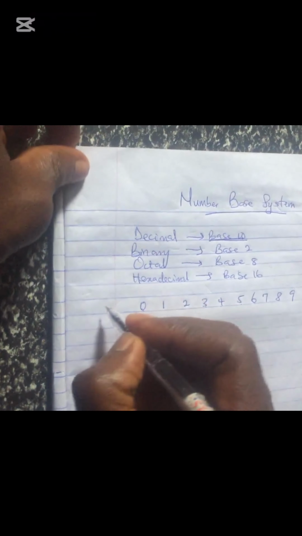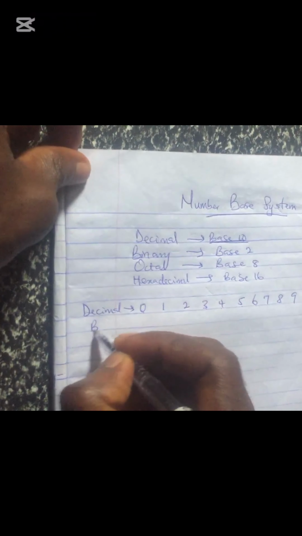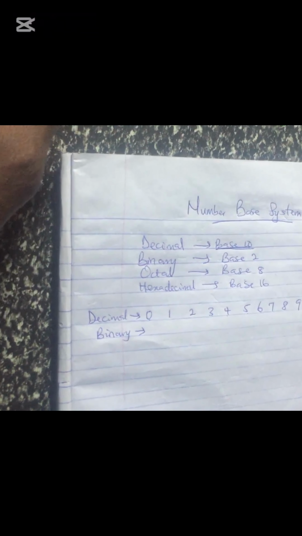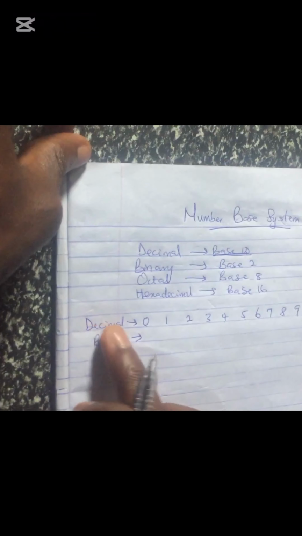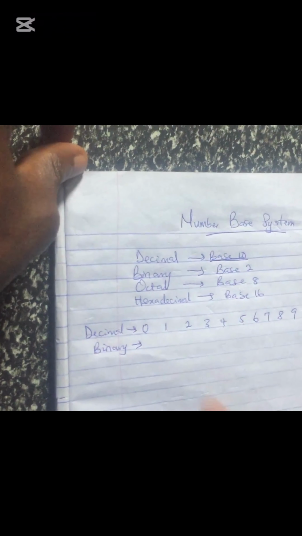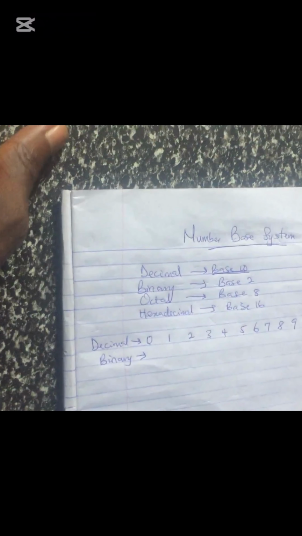For a number in base 2, that is the binary, you cannot have more than 2 digits. In the decimal number base system you can have 10 digits, which is 0 to 9, and all other numbers are mixtures of these. That's why you have 9 and 0 making 90, 1 and 2 making 12, 1 and 3 making 13, and all other numbers that we know.